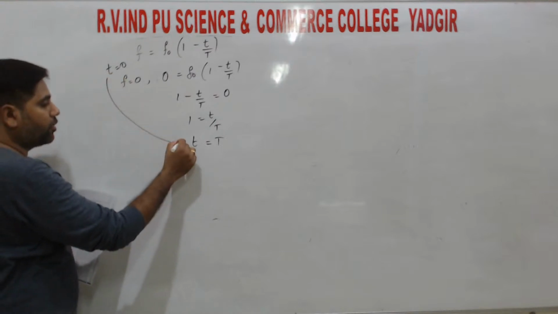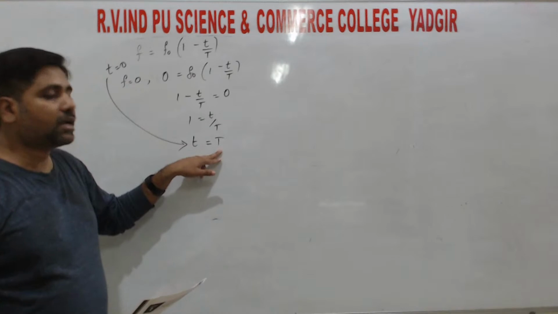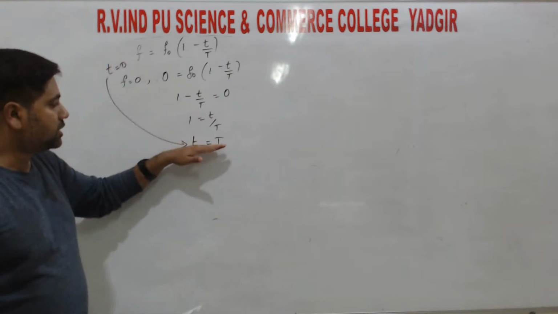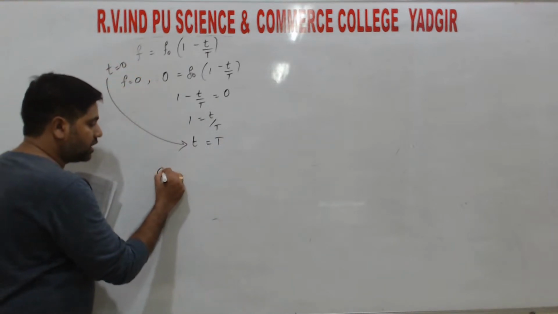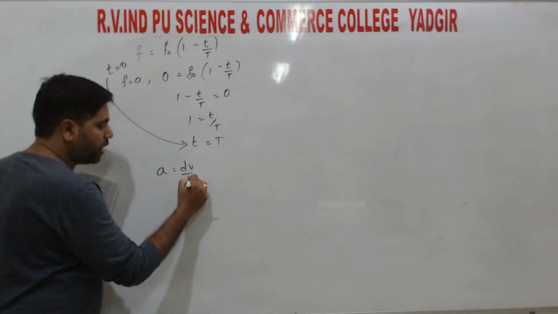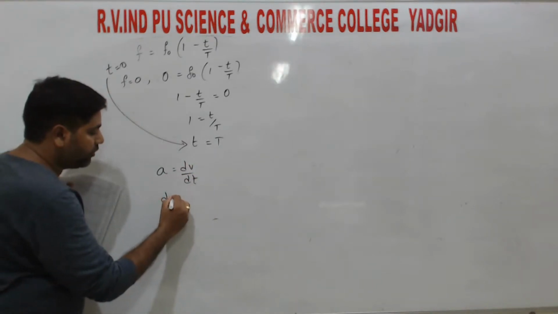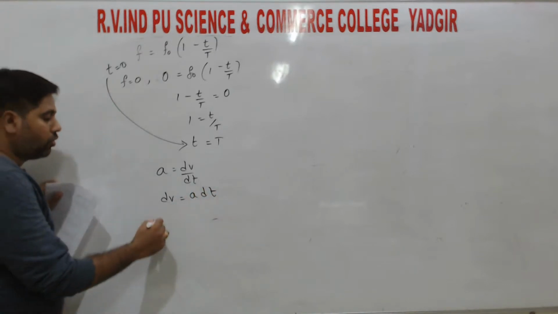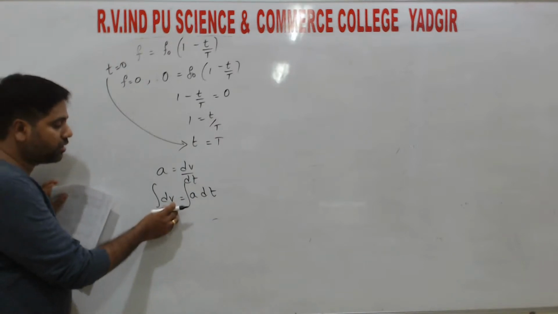So we need to find from t equals 0 to t equals T, that is the time taken from 0 to T. So in this time we are going to find the velocity, right? So acceleration equals dv by dt. So we need the velocity, dv equals a into dt. So if we do the integration, then we get the velocity, right?